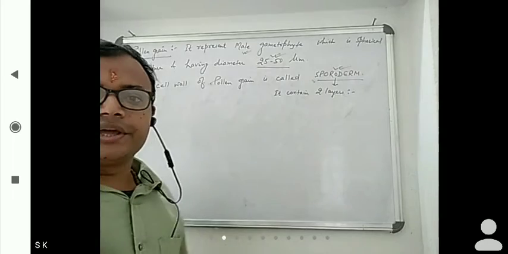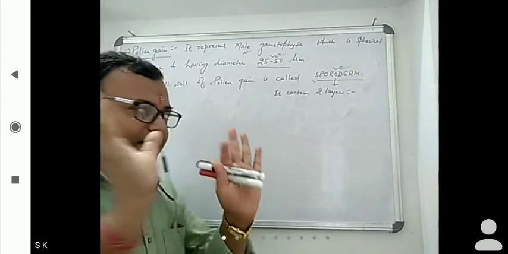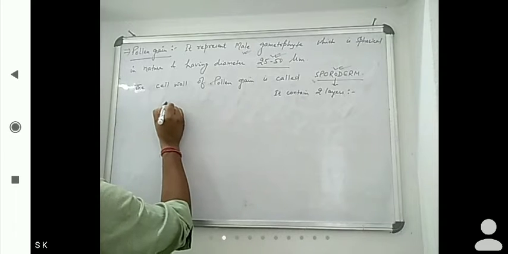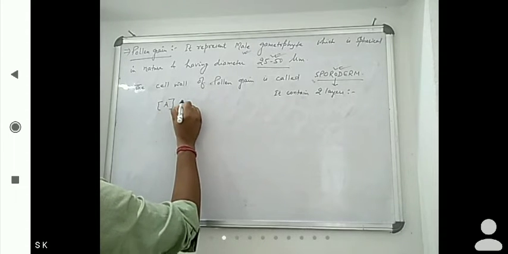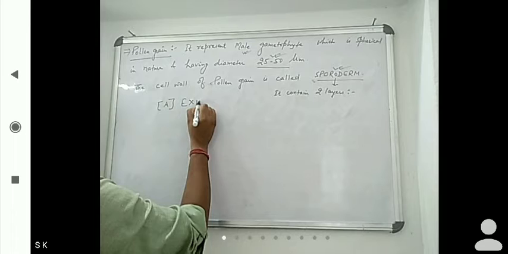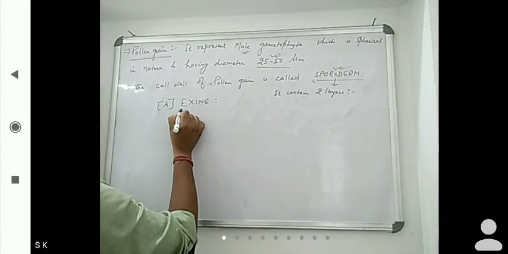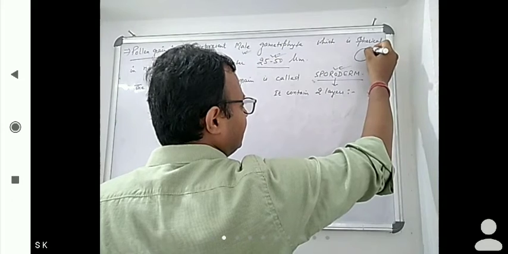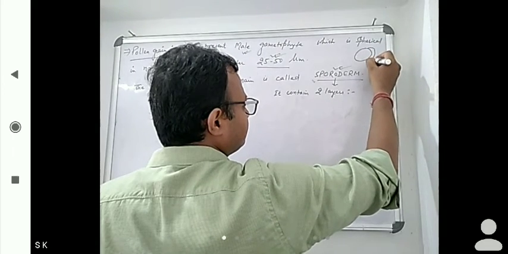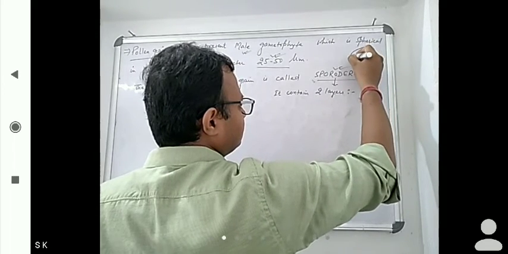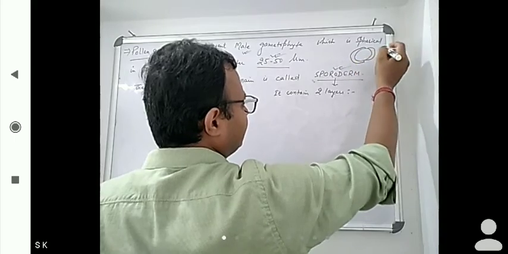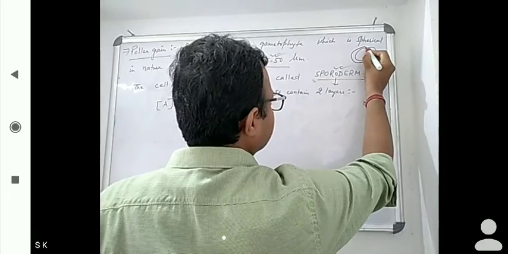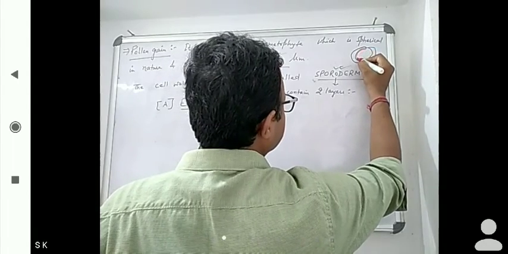First layer is known as exine. Now that it is showing, okay, this is pollen grain and outermost layer it is called what? Exine, and inner one is known as intine.